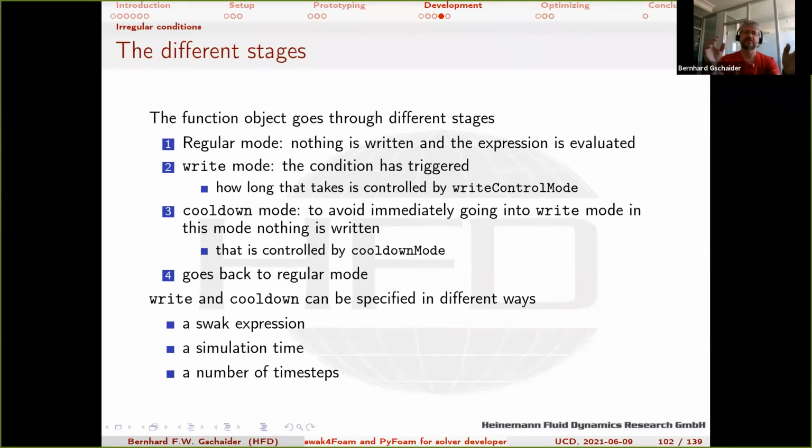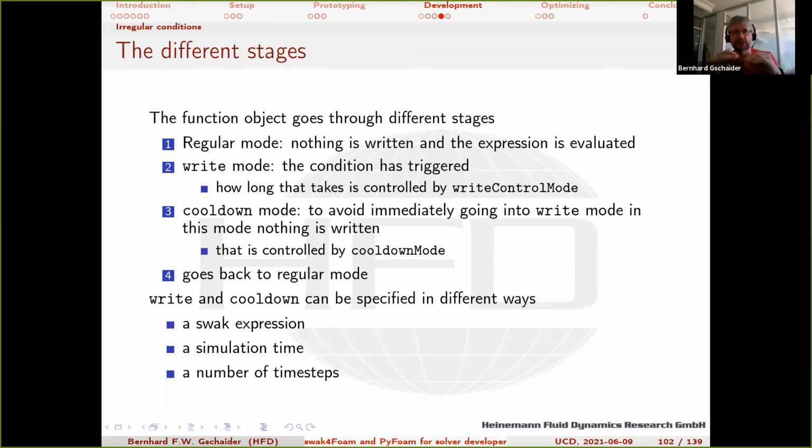This function object goes through 4 different stages. The first is regular mode. Everything is fine. The condition is not true, it is evaluated and nothing is written. Once the condition triggers, it goes into write mode.